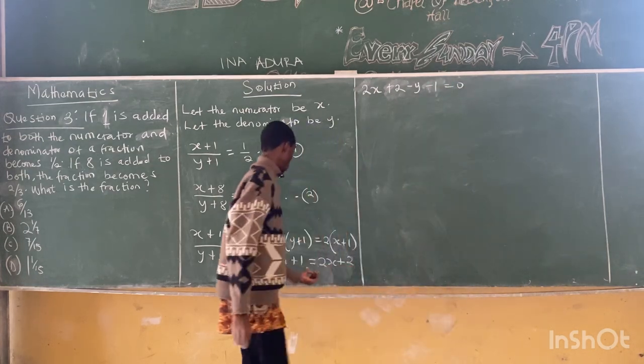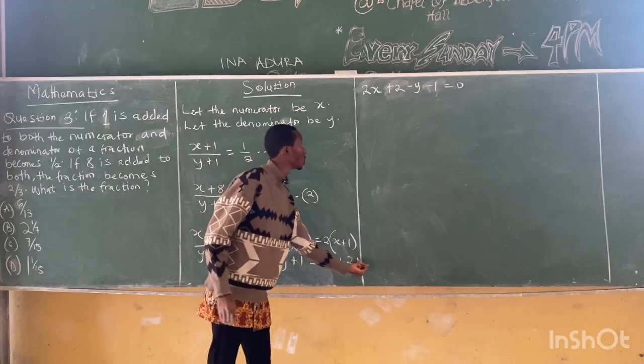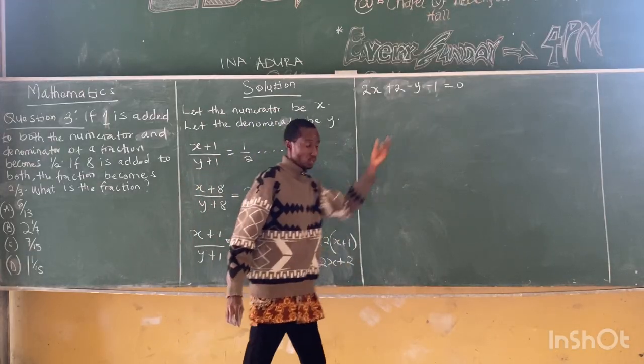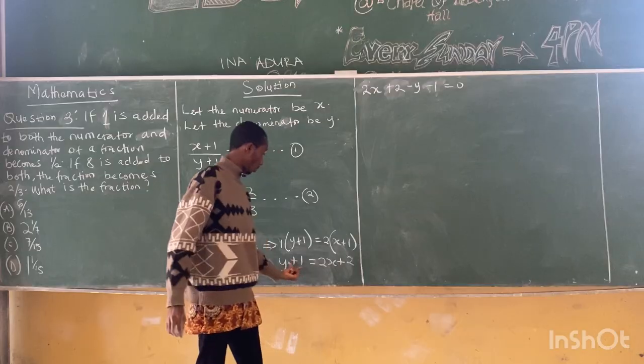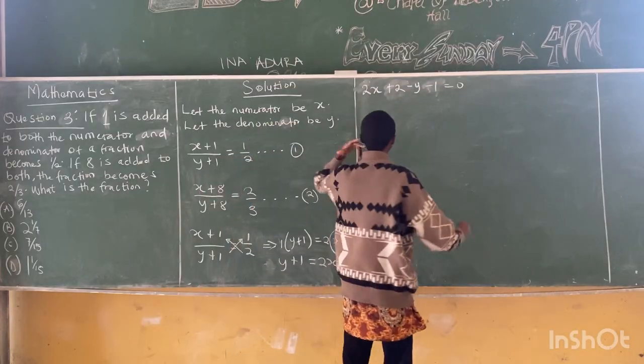If the y crosses to the other side, it changes from plus to minus. If 1 crosses, it changes from plus to minus.